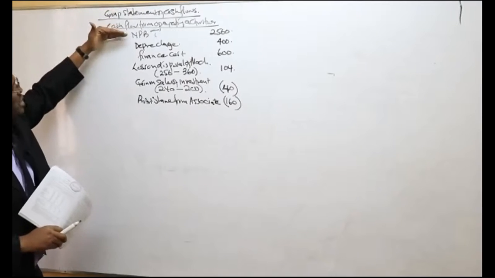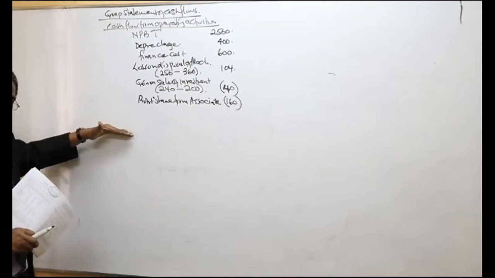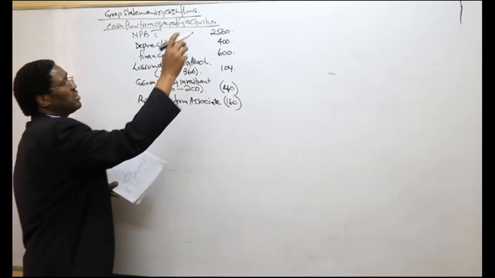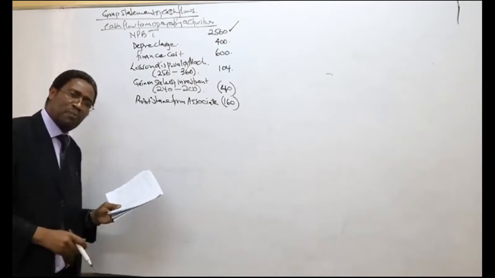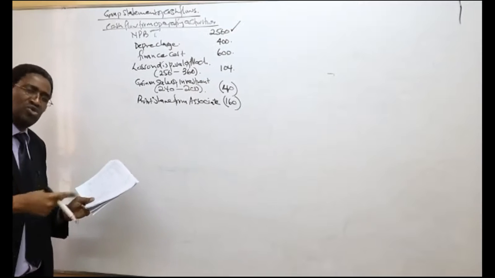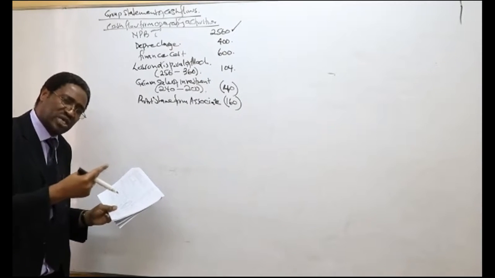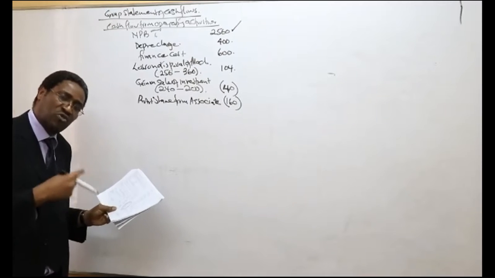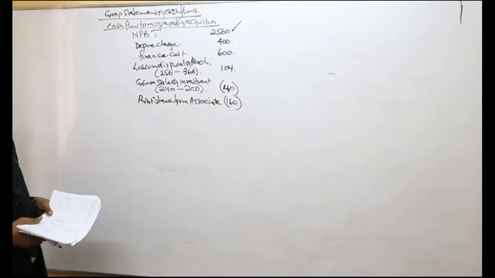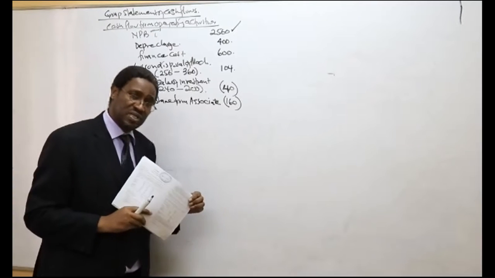We are trying to determine the cash flows from operating. Yet, when they were determining this profit, within that profit, there is the investment income. You know where investment income belongs whenever you are preparing cash flow. Of course, you know investment income is always an investing activity.